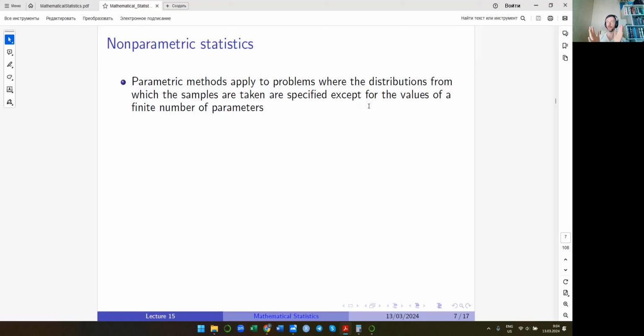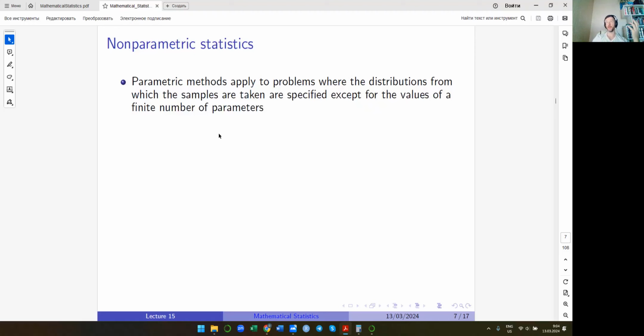Remember in previous lectures we defined the T distribution, Z distribution, chi-square distribution, and so on, starting with the wording: assume that sample x1, x2, and so on is taken from the normal distribution, or has a normal distribution. So we started with the assumption about the specific shape of the underlying distribution.